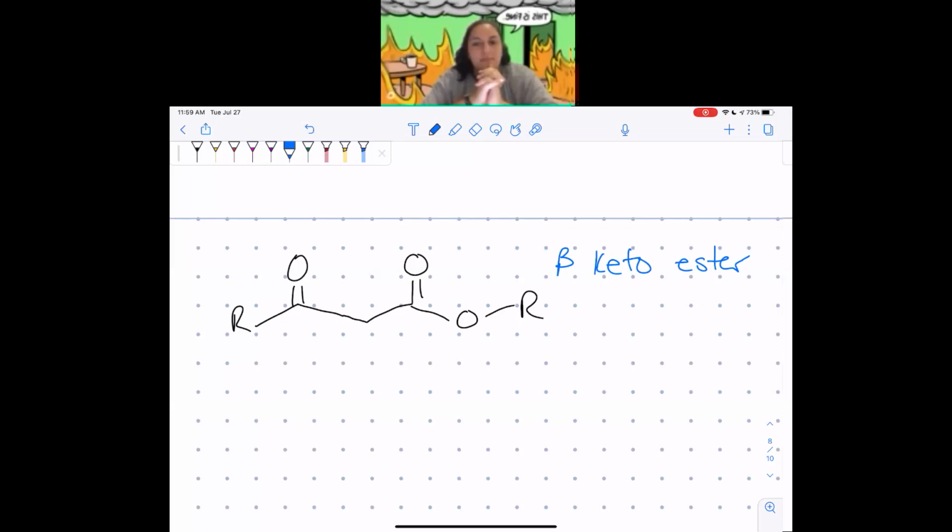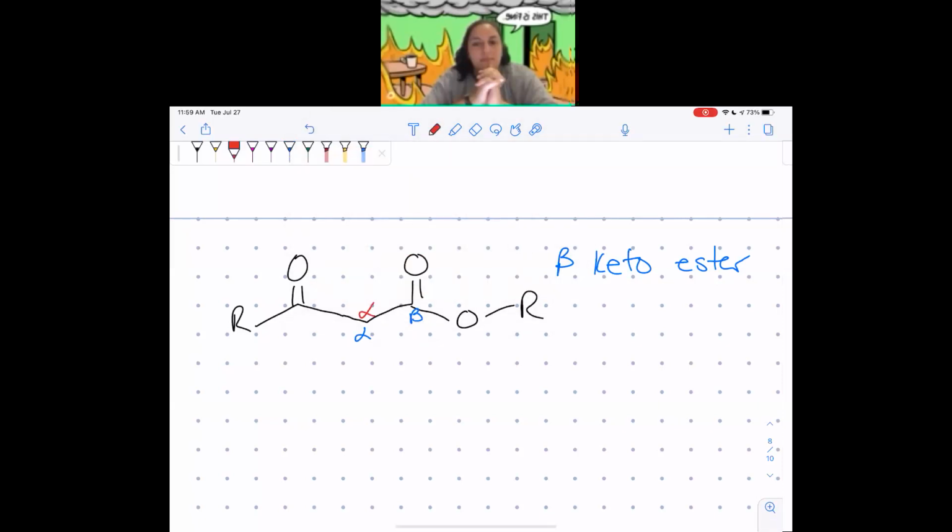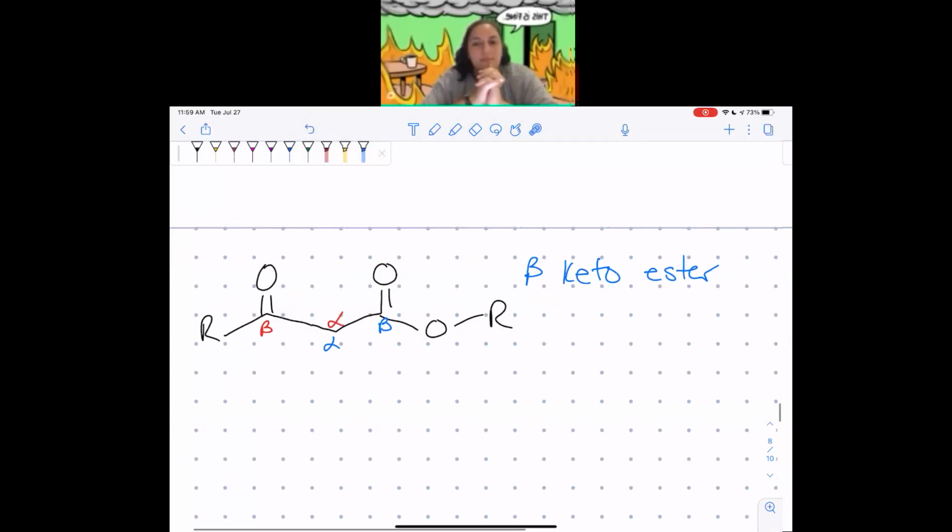The reason it's called that is because alpha, beta, alpha, beta. So compared to this carbonyl, this second carbonyl is beta. Compared to this carbonyl, the second carbonyl is beta. So they are beta to one another. This side is a ketone. This side is an ester. So in general, these guys are called beta keto esters.